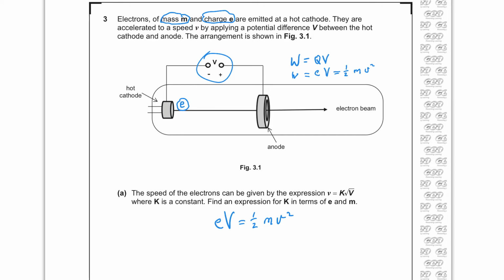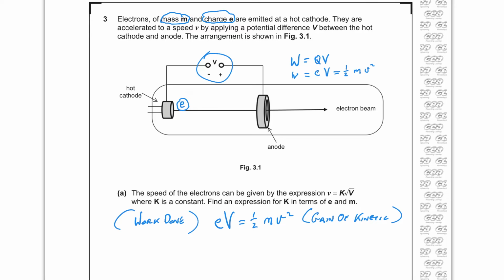So you're just using W equals QV, the electricity equation, only in a different context here, that the work done when a charge crosses the voltage is Q times V. And so if the Q here, the charge on this particle, is little e, then e times V is the work done, and that will give it its kinetic energy. So that's all you're saying, that the work done equals the gain of kinetic energy.